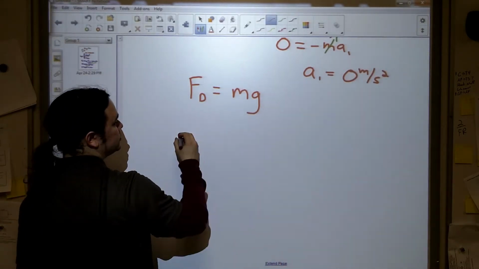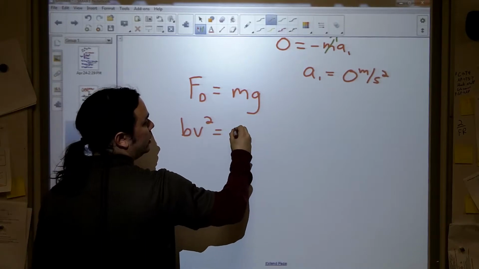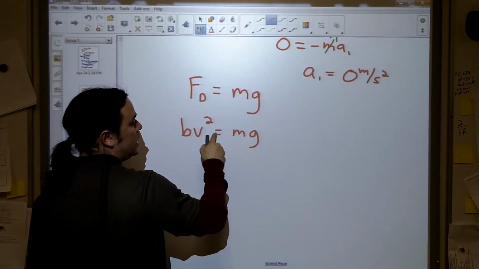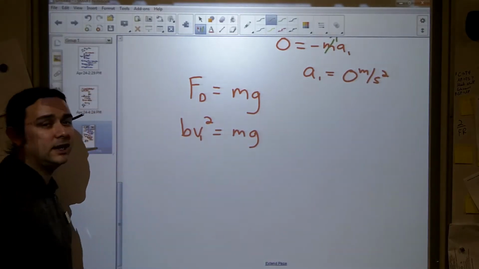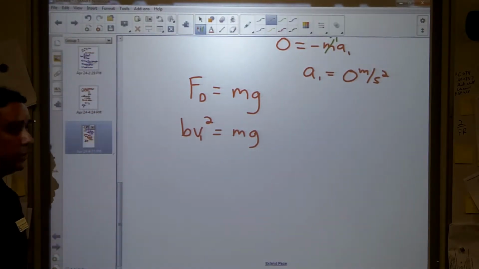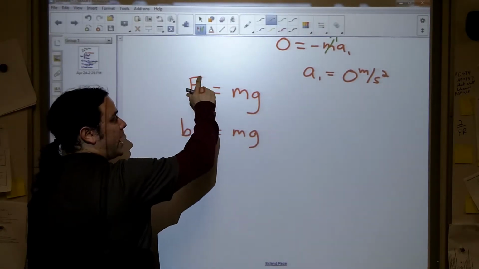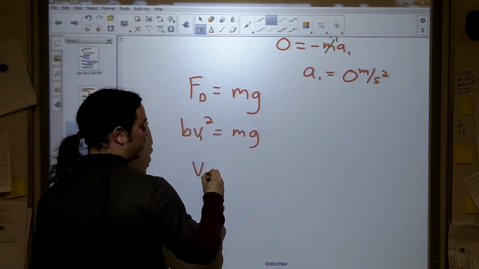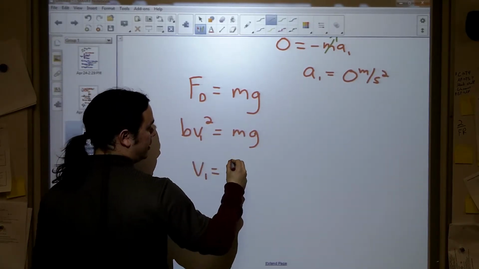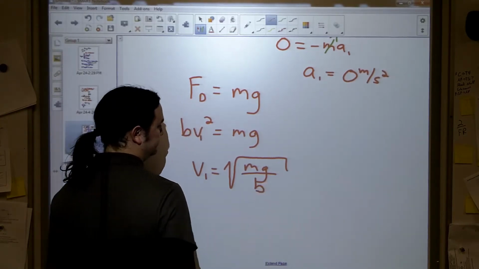Well, since my drag force was bv squared equals mg, it's not just v, it's actually our final velocity. It becomes our final velocity, our terminal velocity, when the drag force is equal to the force of gravity. So we can find our terminal velocity pretty quickly by taking the square root of mg divided by b.